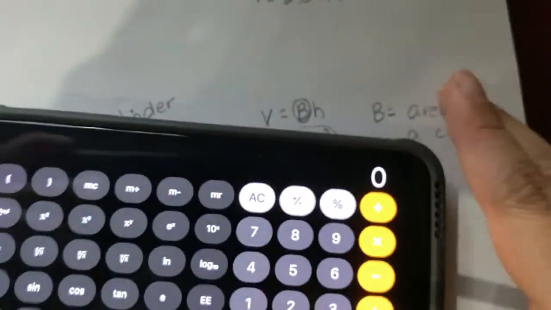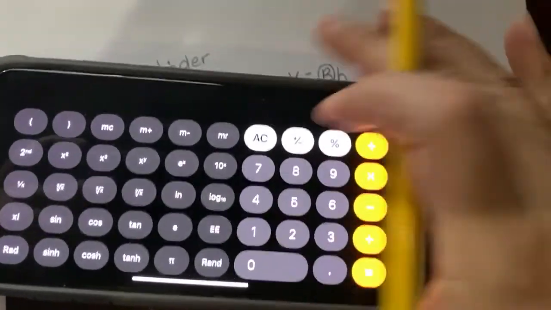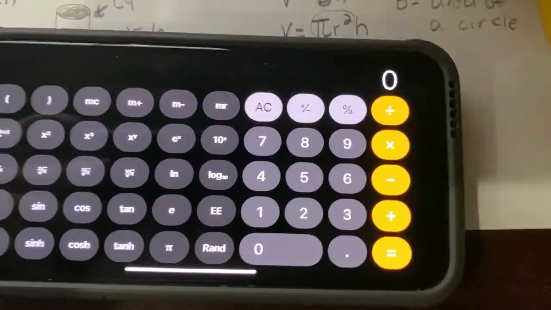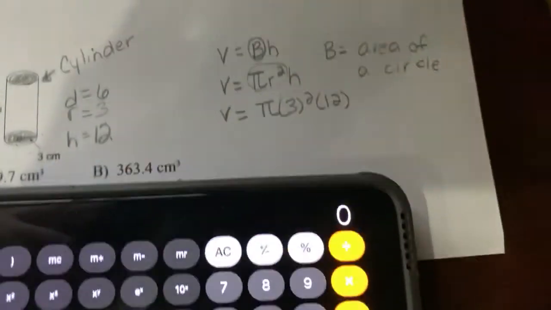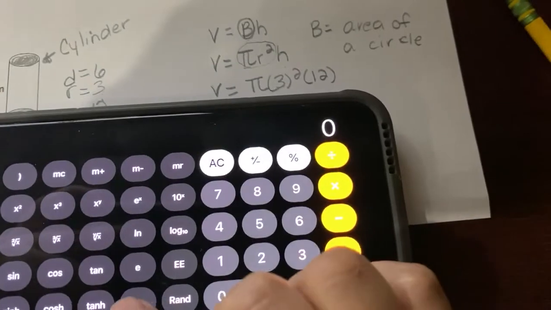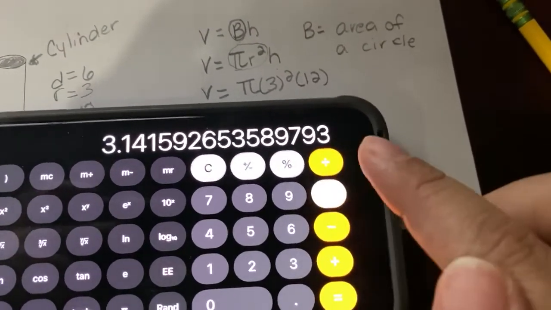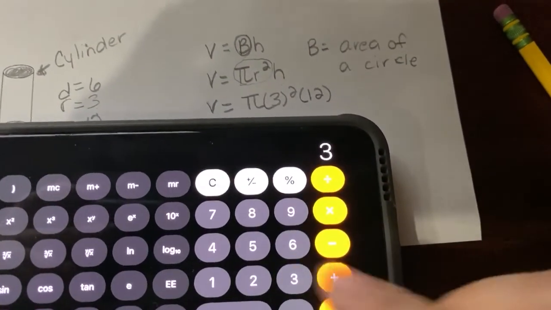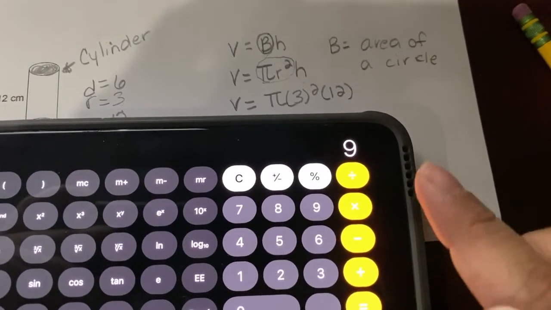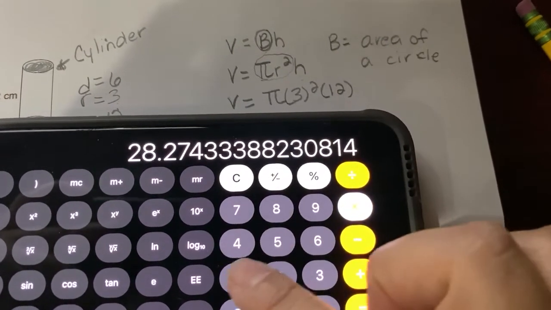Okay, so here we go. I'm going to go ahead and plug that in. And this time I don't have to worry about a fraction. I simply have pi times 3 squared times 12.